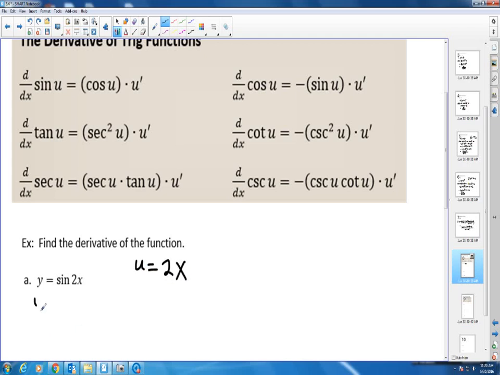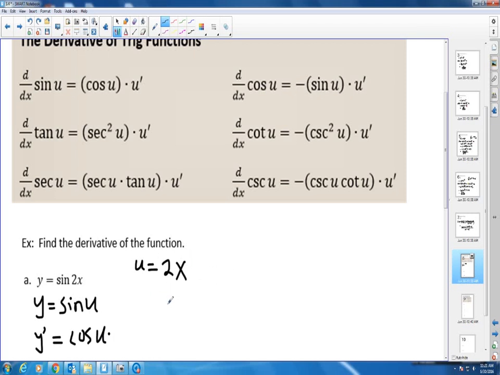Then this problem can be rewritten as y equal to sine of u. So the derivative of sine of u will be cosine of u times u prime.